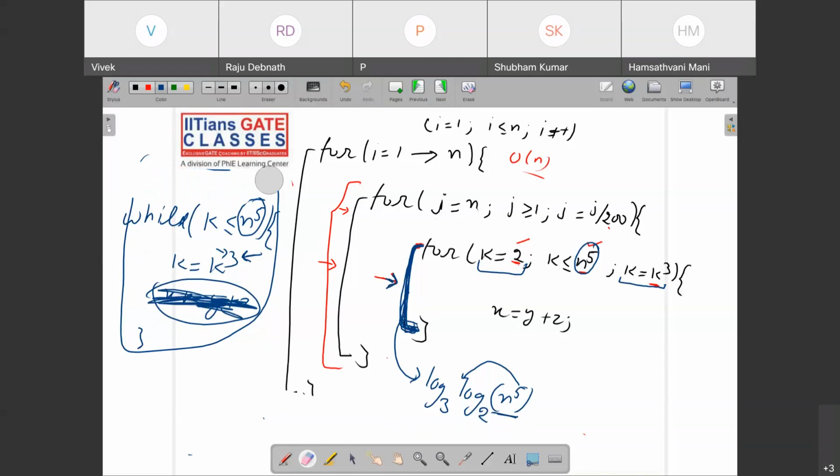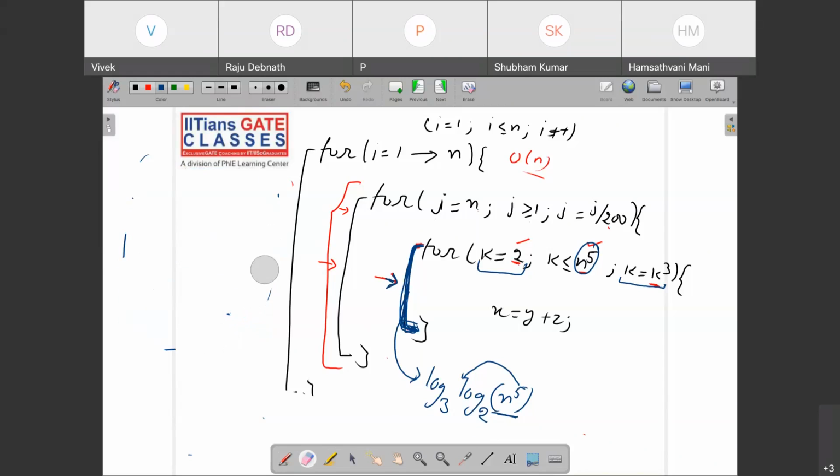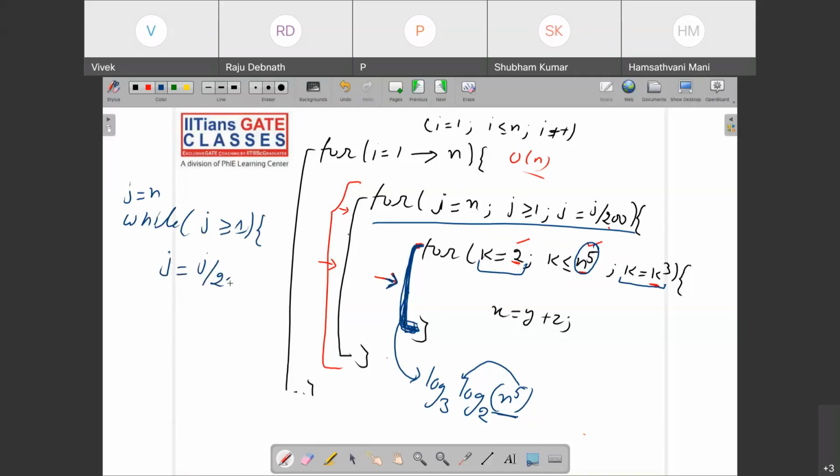What about the second loop? Can any one of you tell me about the second loop, this loop? Here we are doing j equal to j by 200. So it's similar to: initially j equal to n, then while j is greater than equal to 1, we are doing j equal to j divided by 200.